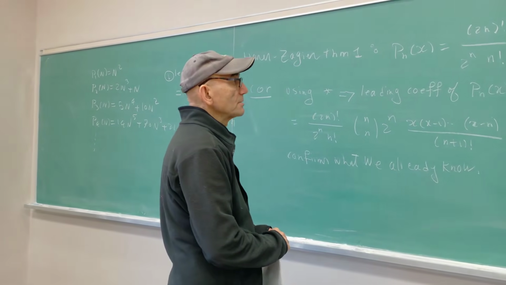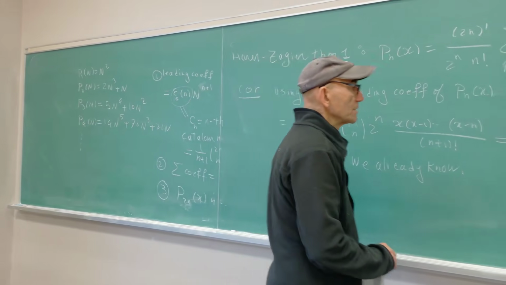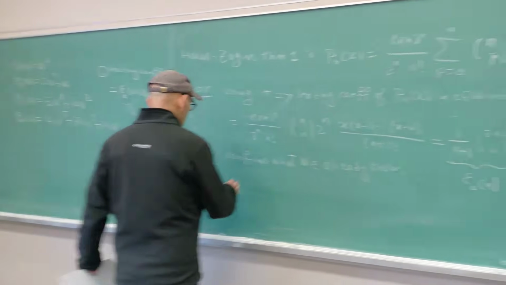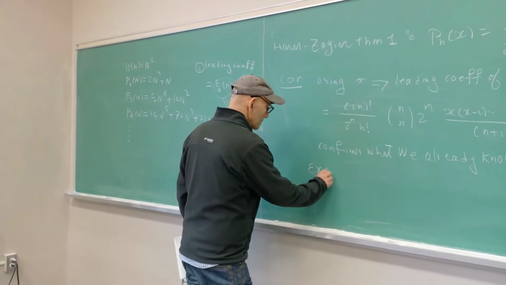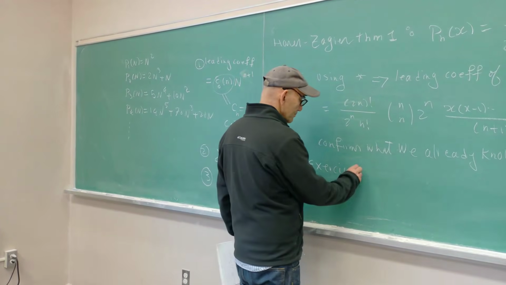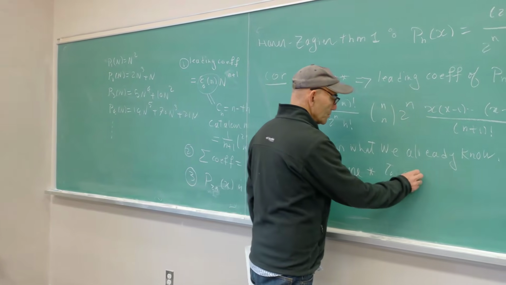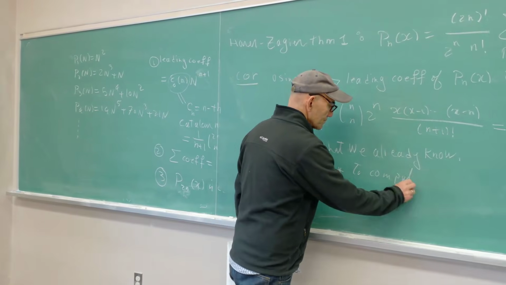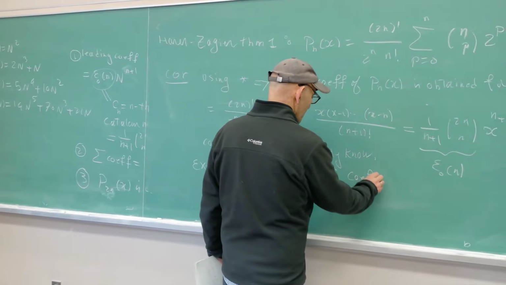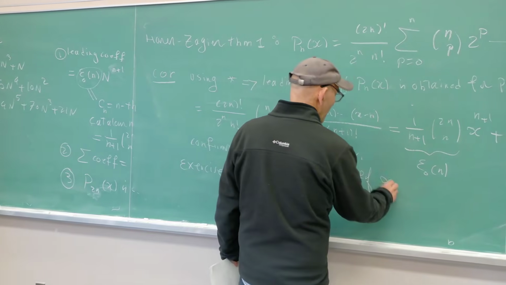It's actually interesting, as an exercise, to use this to compute the coefficient of the next term. So, exercise it is. Use the star to compute the coefficient of x to the power.